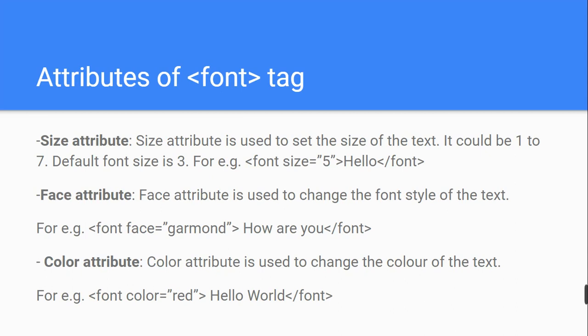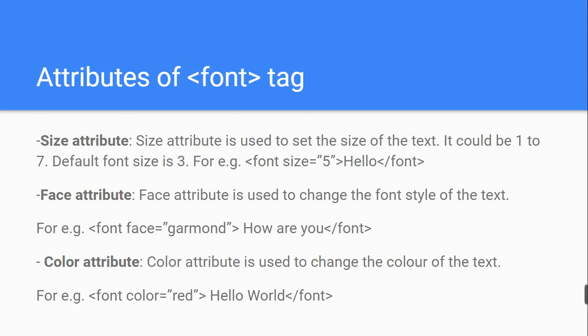You can give any value between 1 to 7, and the default size of the text is 3. As you can see in the example, we have given font size equal to 5, and hello is written between the start font tag and the end font tag. So the hello would be displayed in size 5.